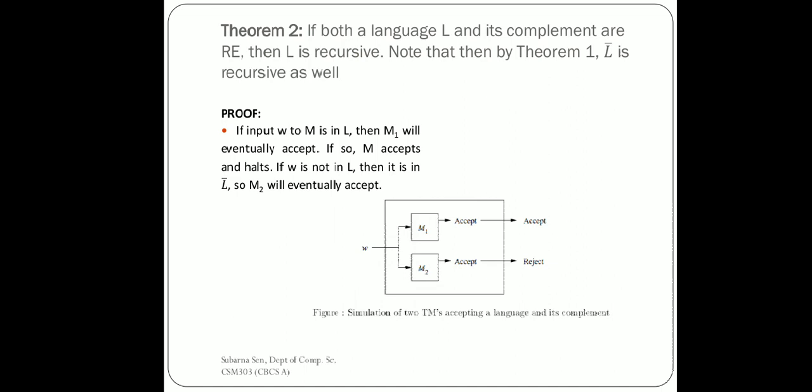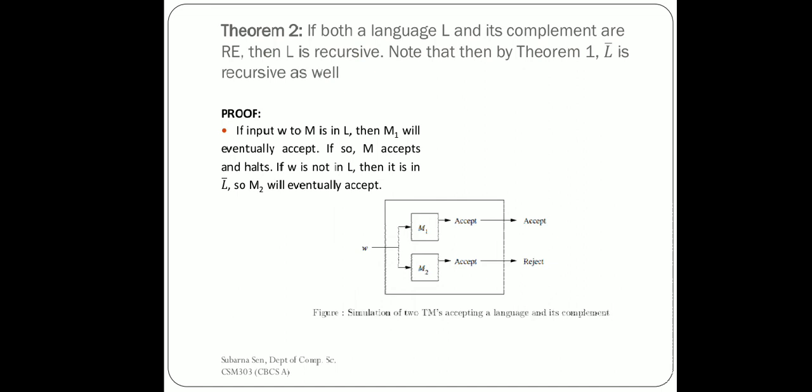And if W is not in L, then it is in L dash. So either of the two will hold: W may be in L, or may not be in L. If it is in L, it will get accepted by M1, and if it is not in L, it will get accepted by M2.